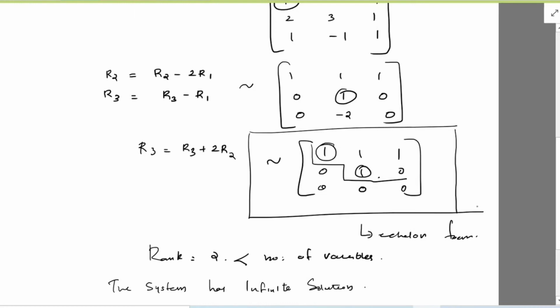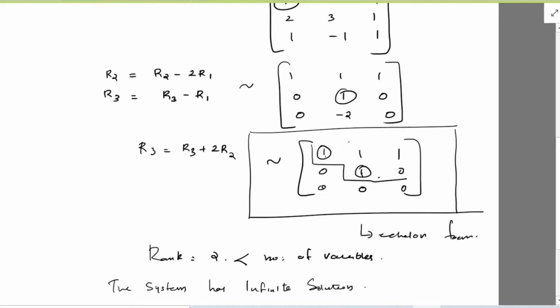Which column doesn't have a leading coefficient? The first leading coefficient lies in the first column, the second leading coefficient lies in the second column, and in the third column there is no leading coefficient. Am I right?